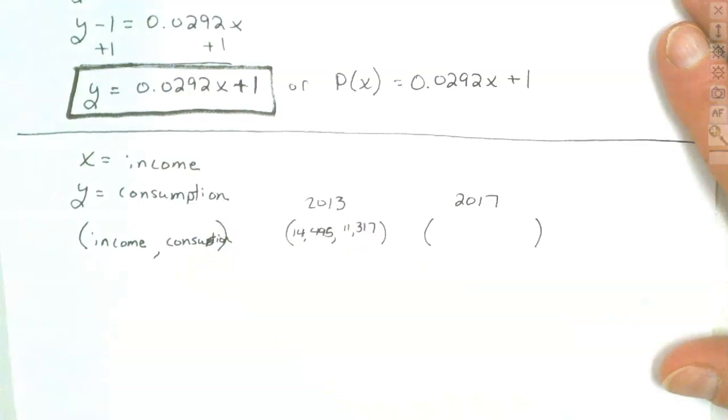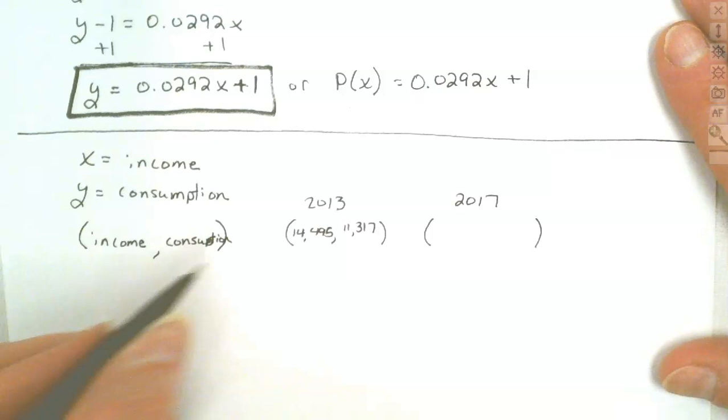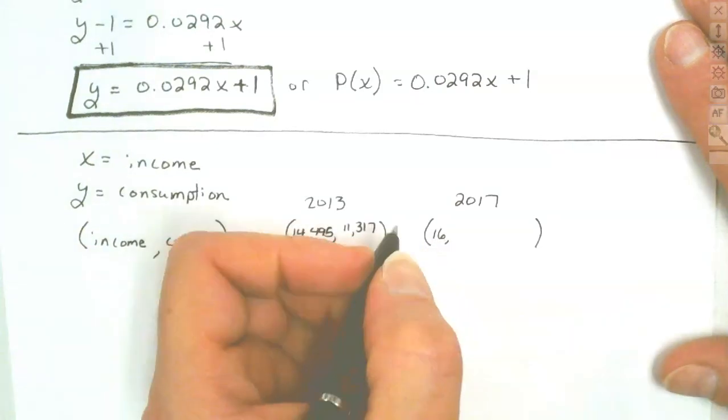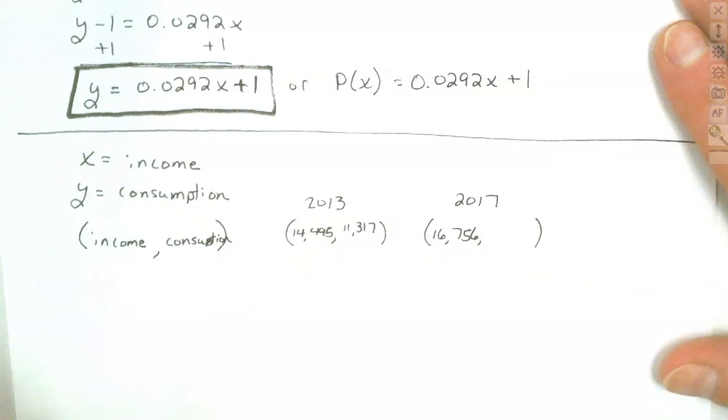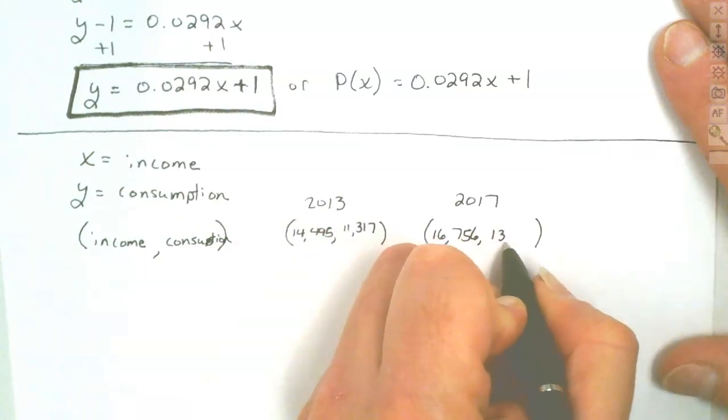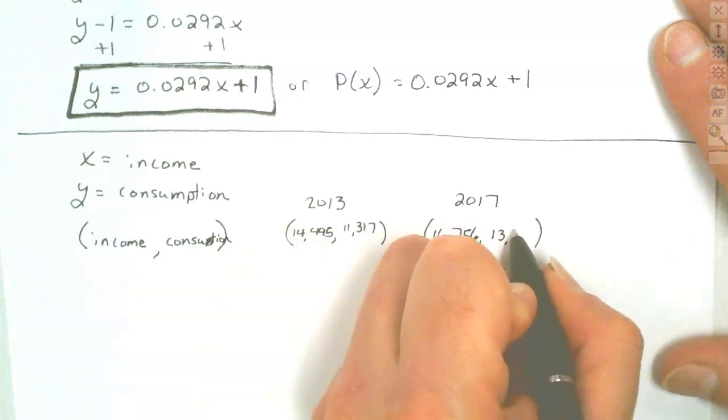In 2017, we increased our income to $16,756, and our consumption increased also to $13,321.